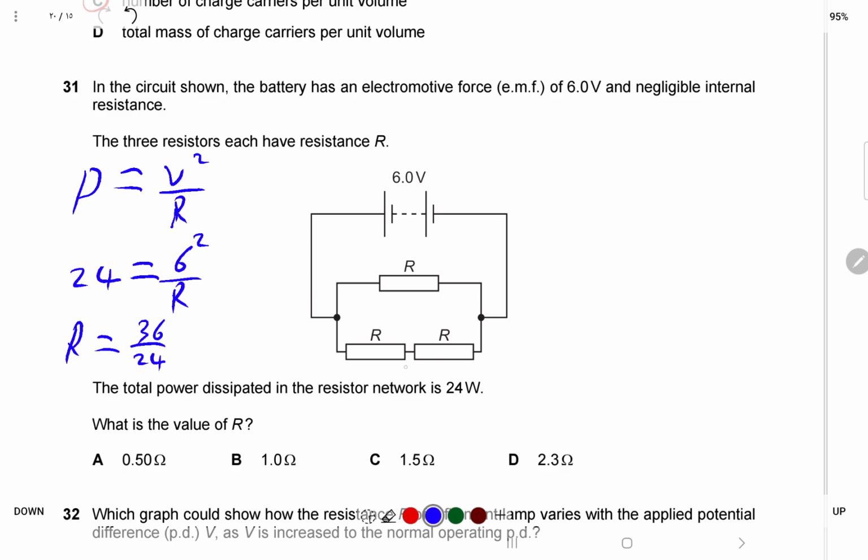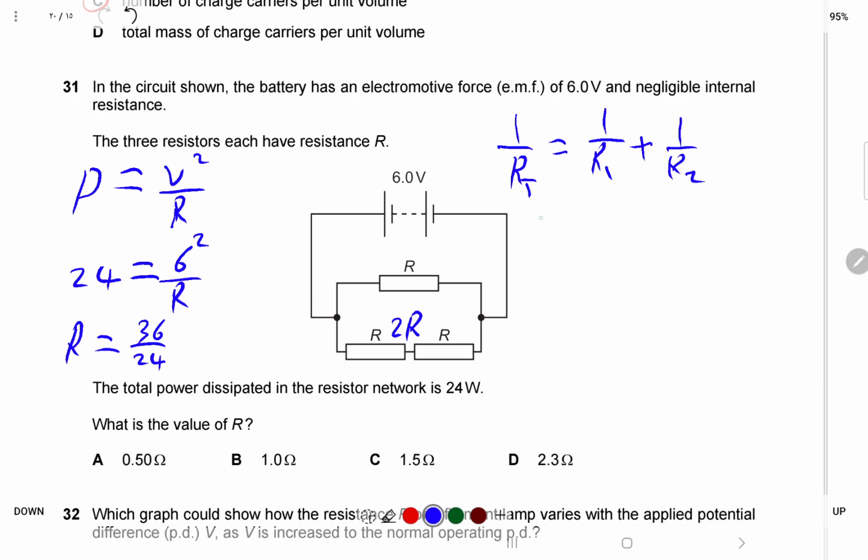Now we put the formula for these resistance network. Here you have R and here you have 2R. The combined resistance in this case will be 1 over R total is equal to 1 over R1 plus 1 over R2.